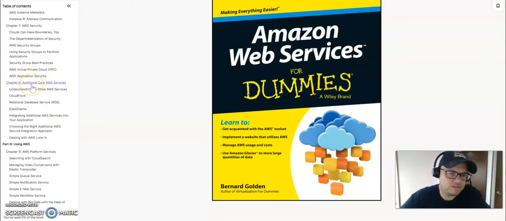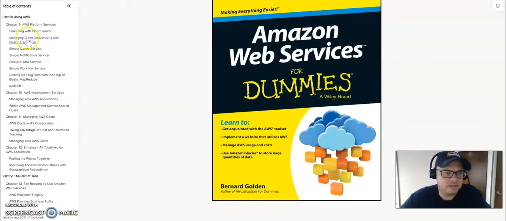Then more additional core services from AWS: CloudFront, the relational database RDS, ElastiCache, integrating additional AWS services in your application, and choosing the right way to approach your integration with AWS.